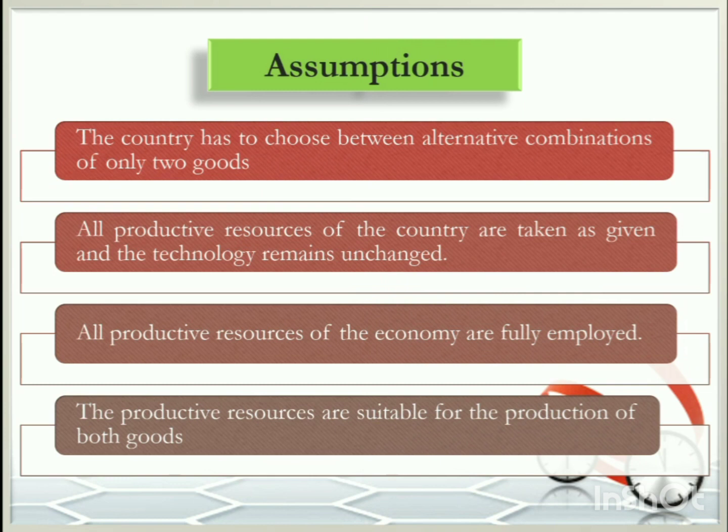And the next, assumptions of PPC. The production possibility curve is based on some assumptions. First, the country has to choose between alternative combinations of only two goods, say LED, denoted as L, and computer monitor, denoted as M. And all productive resources of the country are taken as given.